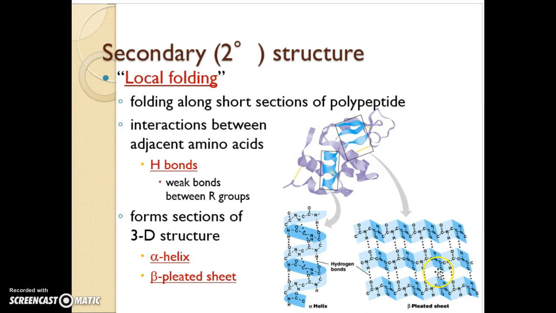These result from hydrogen bonds between the repeating constituents of the polypeptide backbone. So if you remember, the polypeptide backbone is the peptide bonds between the nitrogen group, the amino, and the carboxyl. And so it's actually the hydrogen atom that's attached to the nitrogen atom in the peptide bond that forms the hydrogen bonds.